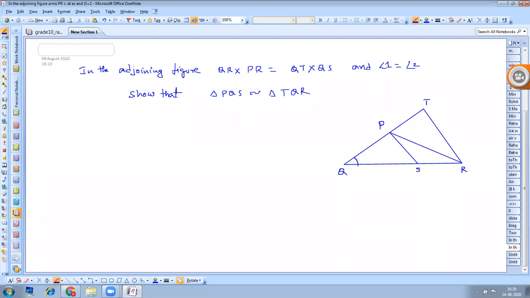This is angle 1. This is angle 2. Try this question. Here, the final job is you have to prove PQS and TQR are similar to each other. It's very simple if you understand the figure properly.